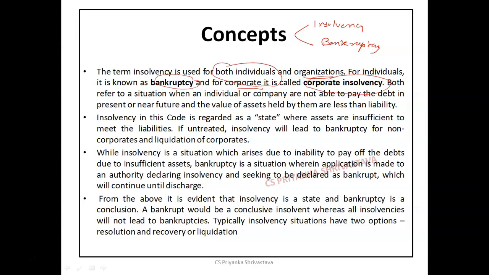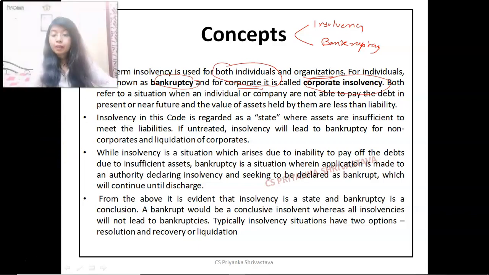So both refer to a situation when an individual or company is not able to pay the debt in the near future and the value of their assets becomes less than the liability. So basically they become unable to repay the debts, the loans or the borrowings that they had taken from different people. So they are not in a position to repay it.